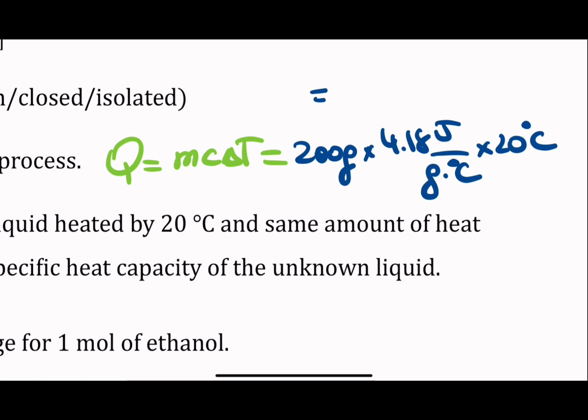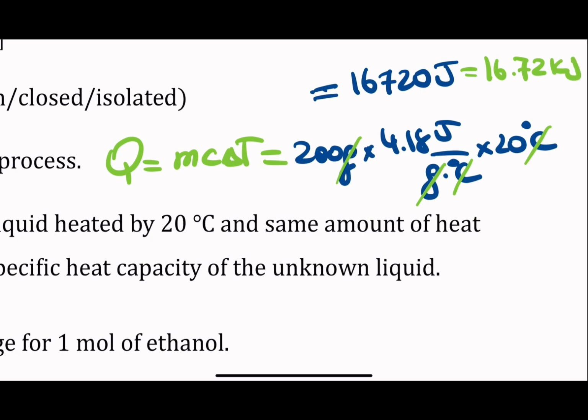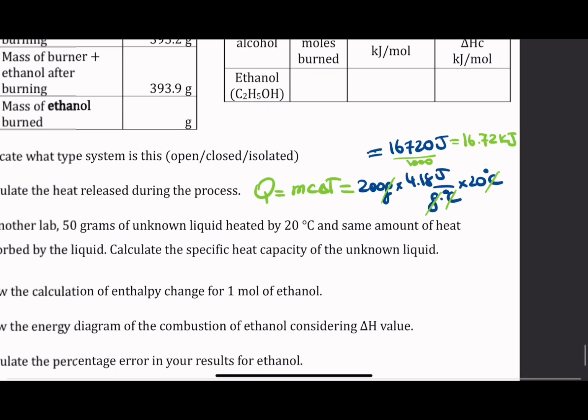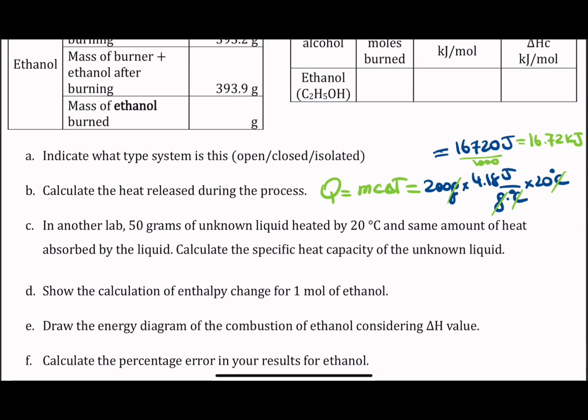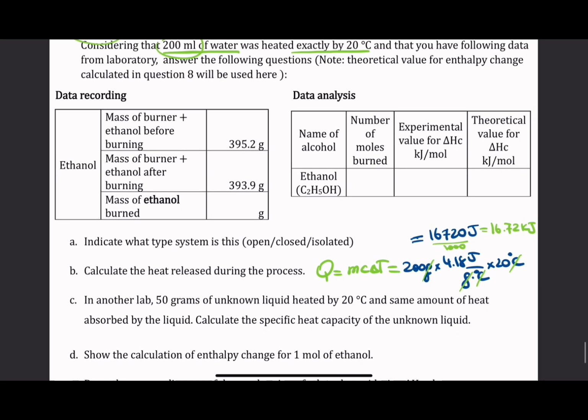Sorry, just 2 times of that. Your answer should be 16,720 joule, because gram cancels gram, degrees Celsius cancel that, so it would be 16.72 kilojoule, right? If I divide it by 1,000, 16.72 kilojoules.